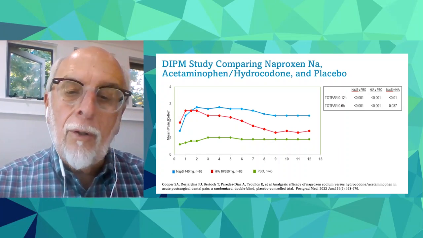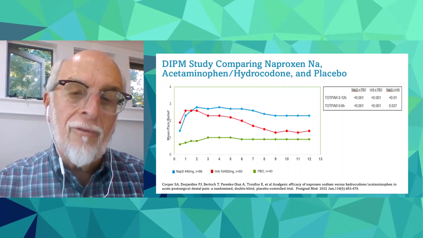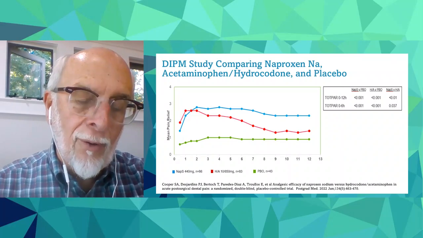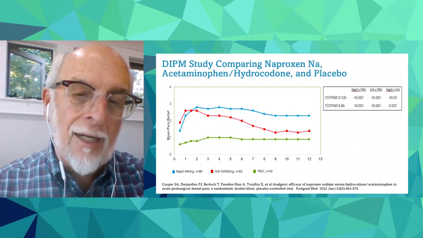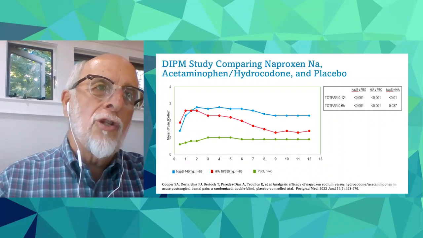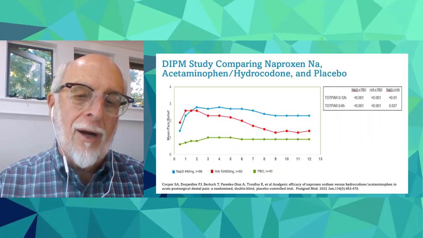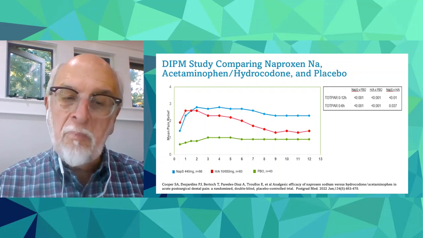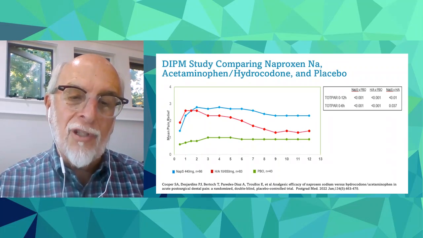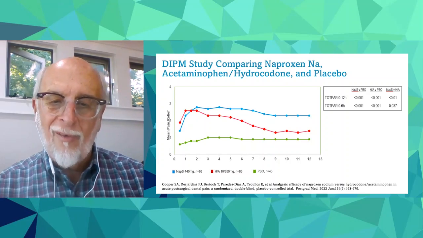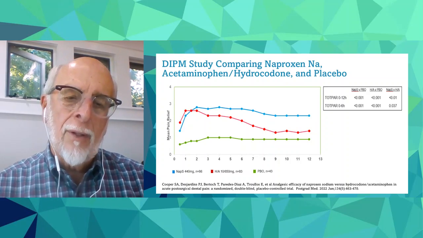Here you can see the figure in red is the hydrocodone 10 milligrams and acetaminophen 650, so the equivalent of 2 Vicodin 5s. So a nice peak effect that happens within the first hour, carries for a couple of hours, and then the drug pretty much wears off by the 6th or 7th hour.